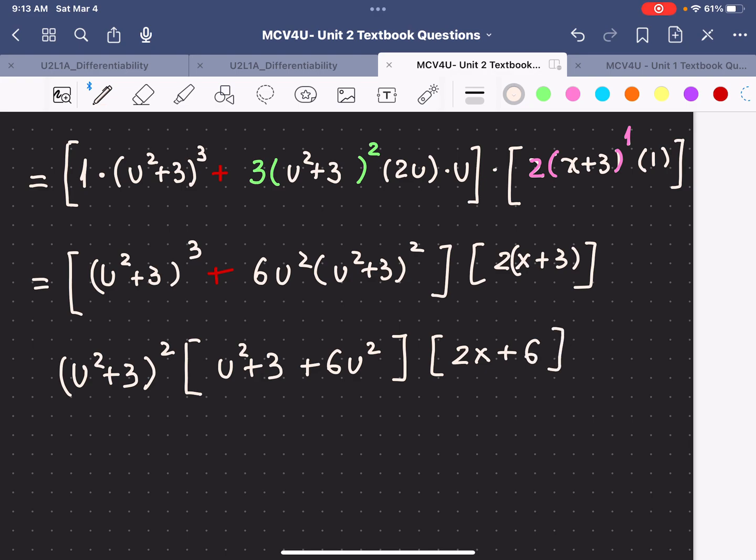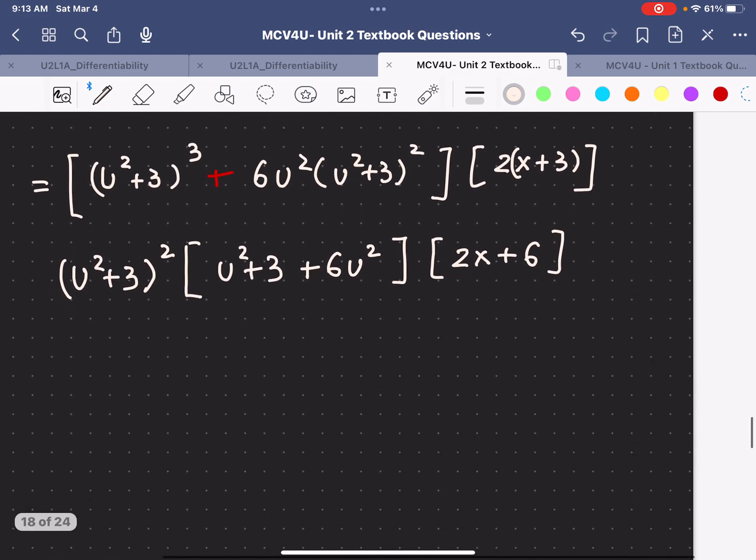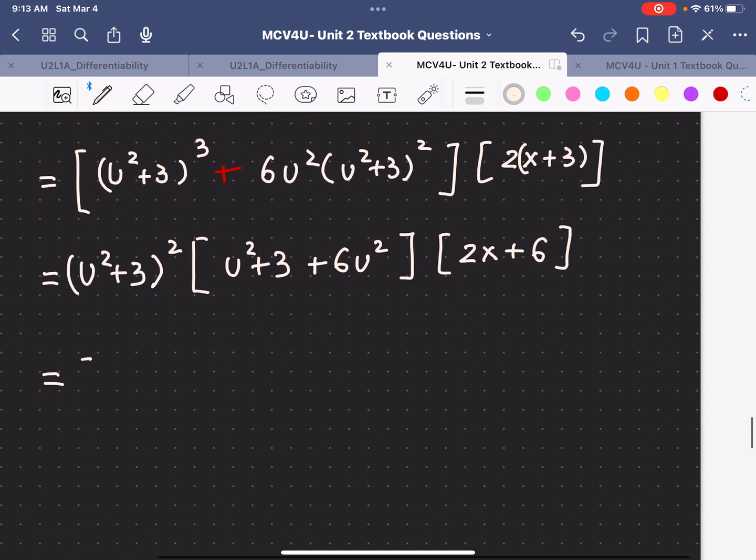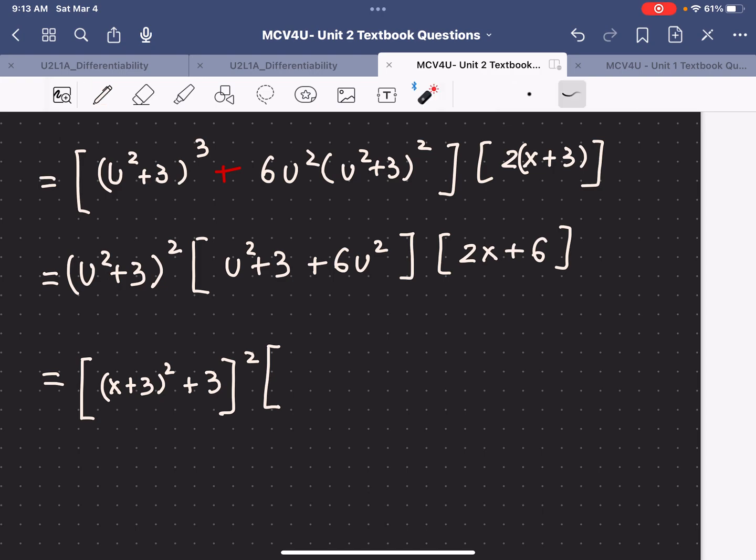We can expand this. We can start by bringing in the function u, which is the function (x plus 3) squared. So we'll have in here ((x plus 3) squared plus 3) to the power of 2, multiplied by, so you have u squared and 6u squared, 7u squared, so 7 (x plus 3) squared, again squared, and then plus 3.